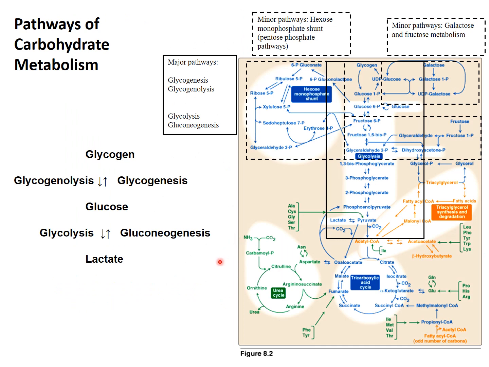So let me introduce what we will review in this self-study material. We will actually focus on the major metabolic pathways of carbohydrates. So what are those? If we start from glucose, we can store the glucose away in the form of glycogen, which we call glycogenesis.